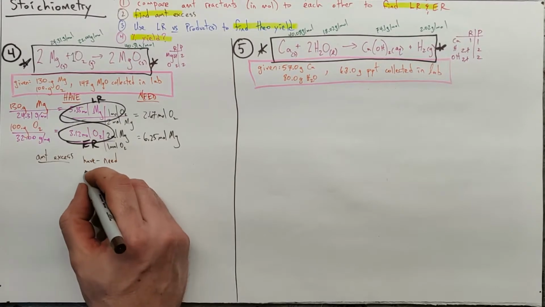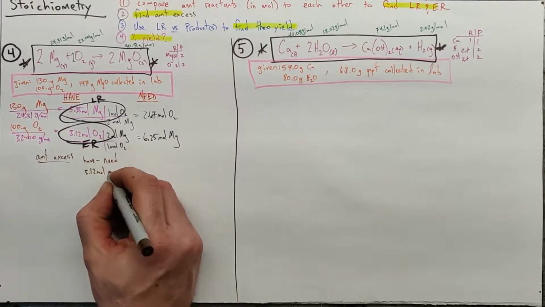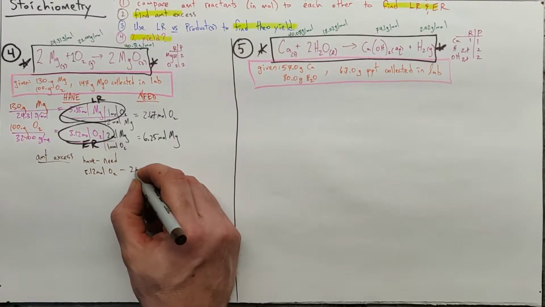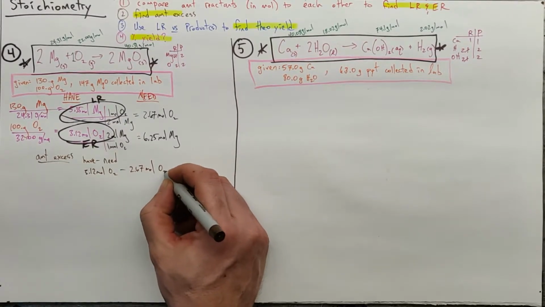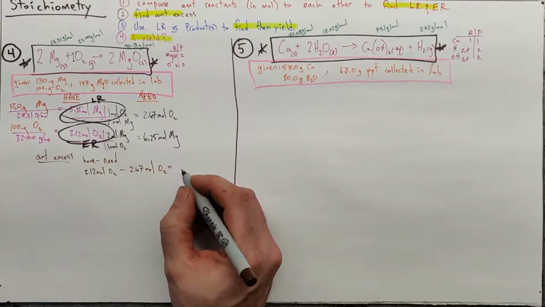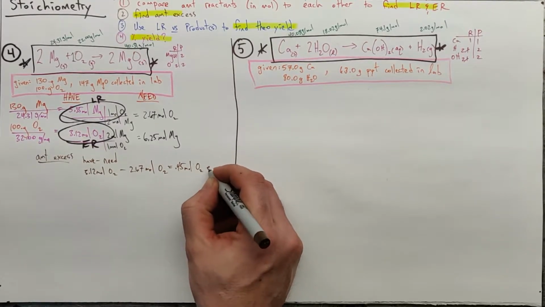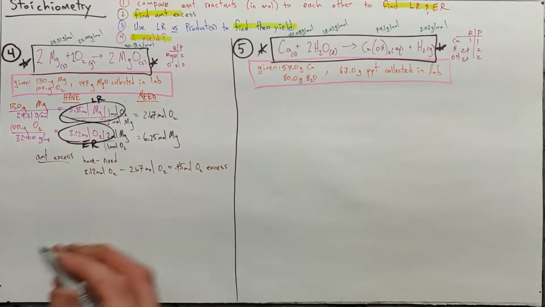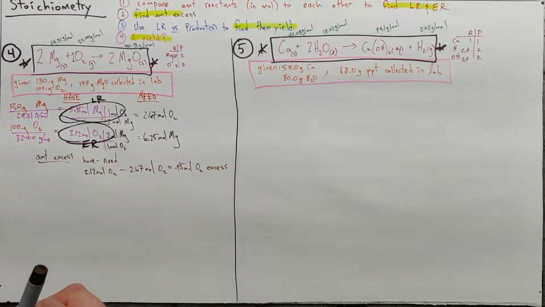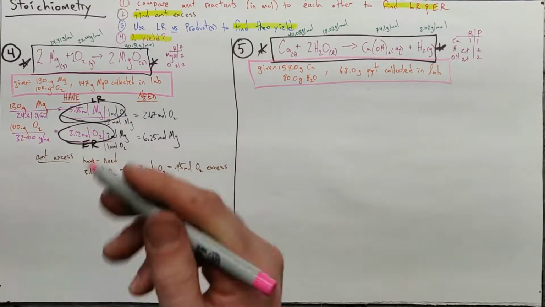And in this case, that's 3.12 moles of oxygen minus our 2.67 moles of oxygen. We end up with, in that case, 0.45 moles of oxygen excess, right? And we can multiply that by the molar mass and come up with our amount excess in grams.